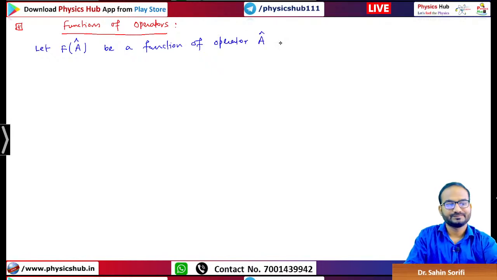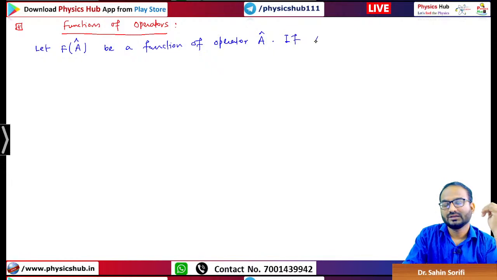So let us define the function of an operator. If we denote A cap as an operator, then the function of the operator will be denoted by f of A. So let f of A be a function of the operator A cap.